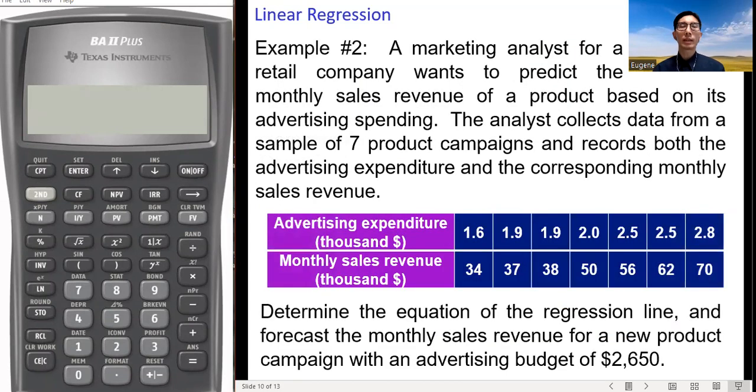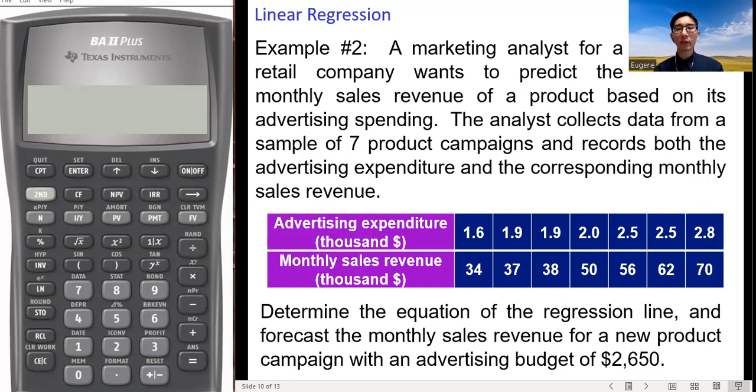Let's take a look at the next example. A marketing analyst for a retail company wants to predict the monthly sales revenue of a product based on its advertising spending. The analyst collects data from a sample of 7 product campaigns and records both the advertising expenditure and the corresponding monthly sales revenue as follows.